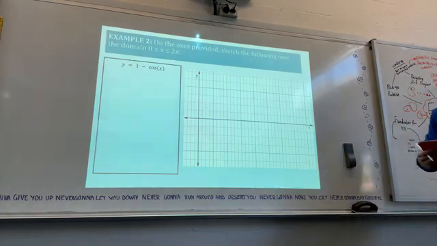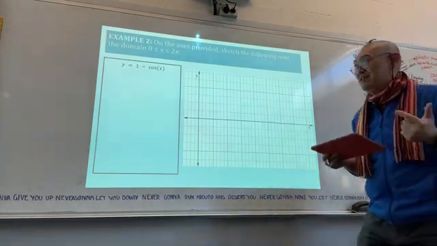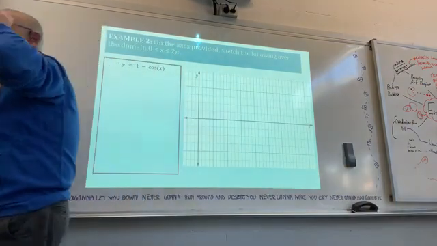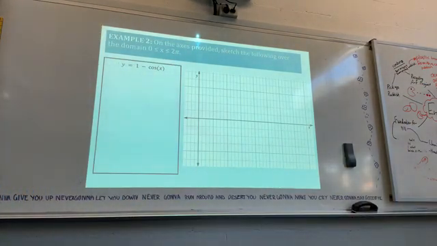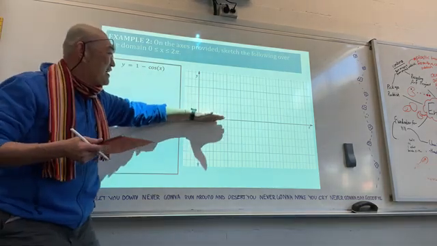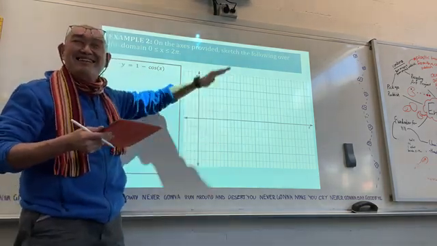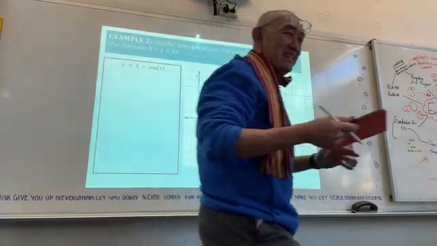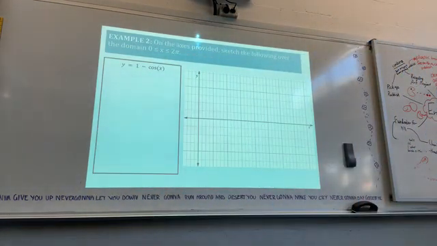Next example: 1 minus cos x. What does a minus cos x mean? Reflected about the x-axis. Yes, reflected about the x-axis. So I'm going to write down something carefully to show you. Here we know the amplitude has no change; the amplitude is 1.